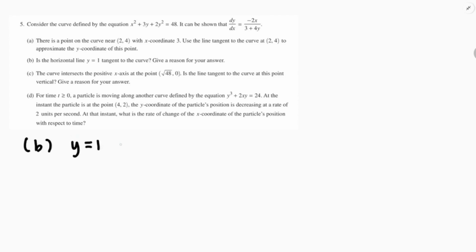If y equals 1, I'm going to go back to the original equation. x squared plus 3 plus 2 times y squared, which would just be plus 2, is going to equal 48. So that would be x squared plus 5 equals 48. x squared equals 43.